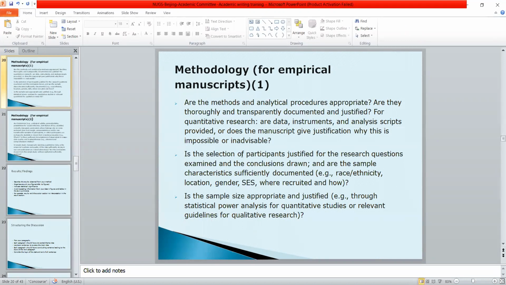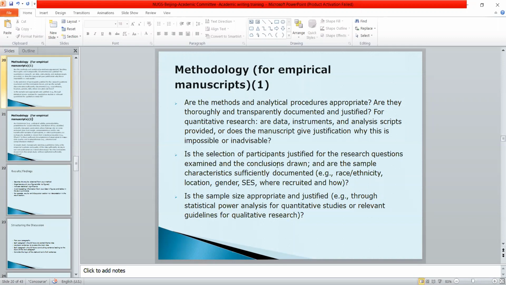Hello? Okay, let's go on. Yes, any idea on empirical? Experimental. Okay, so that's it. Something experimental, something that is detailed. So you want to write a research on that. These are some of the things that you must also consider in your manuscript.